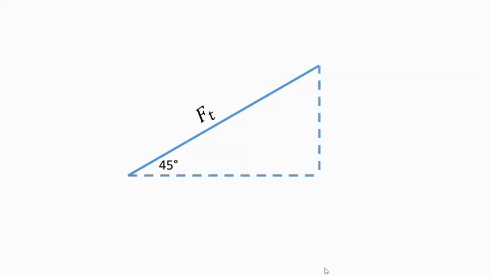If we could find the horizontal side of this triangle, then we would find out how much of that tension force actually goes into the horizontal force equation, and if we find the vertical side, we'd find out how much goes into the vertical forces equation. In other words, one part is the horizontal part that affects the horizontal motion, and the other part is the vertical part.